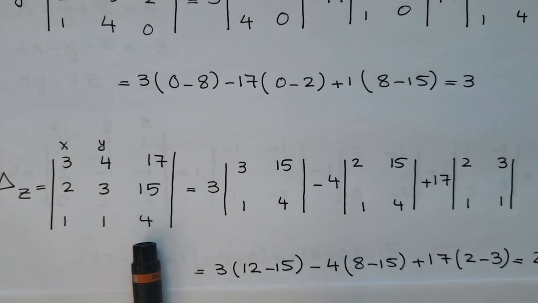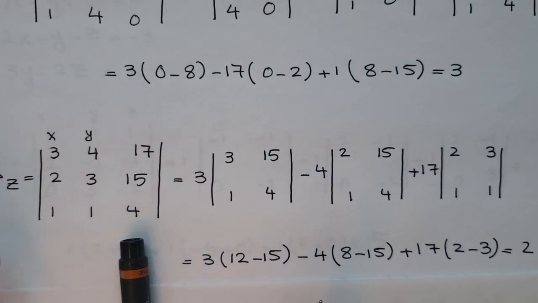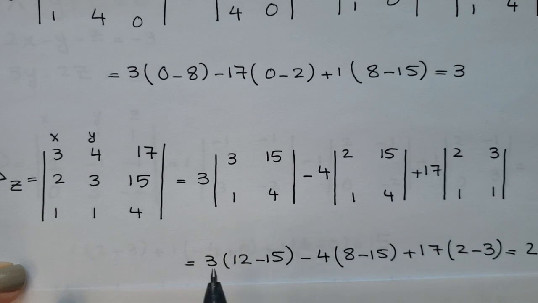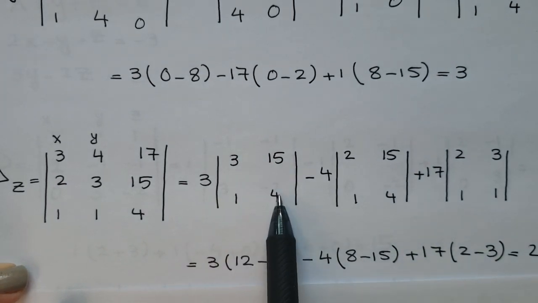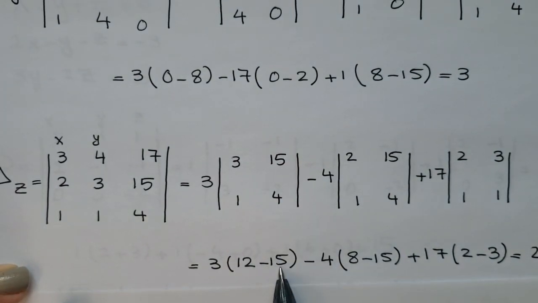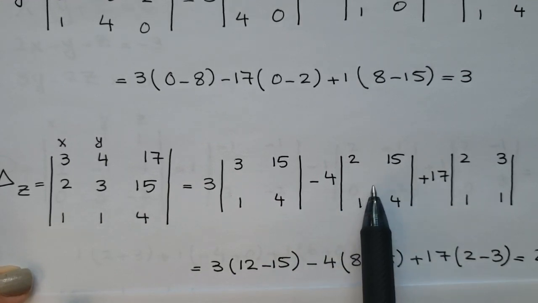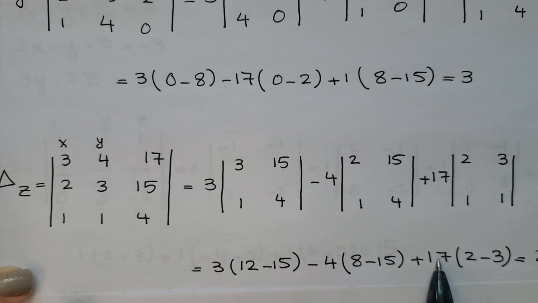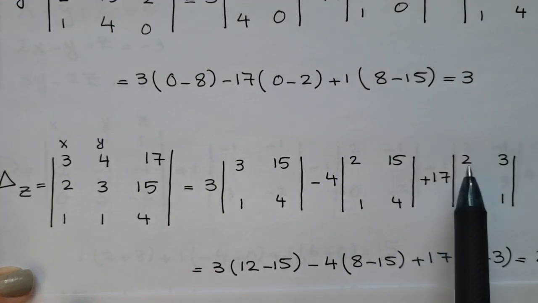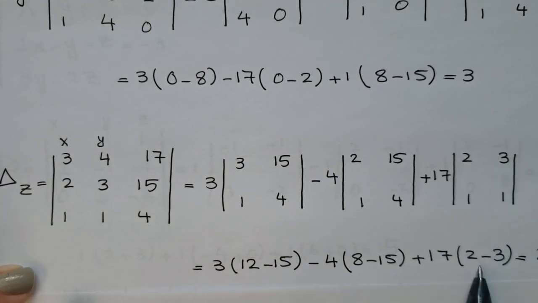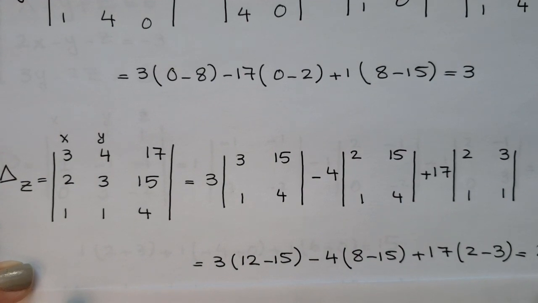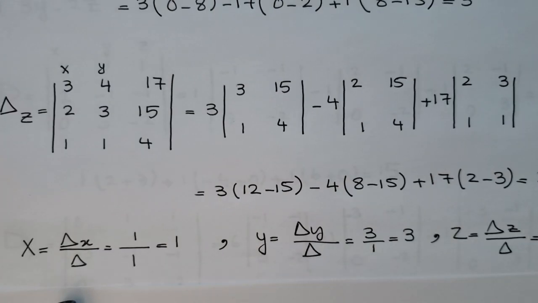And after that, I have to calculate the 3 2 by 2 determinants. So it would be 3 times 12 minus 15, okay? Negative 4 times 2 times 4 is 8, negative 15 plus 17 times 2 times 1 minus 3. And after simplification, the answer is 2.